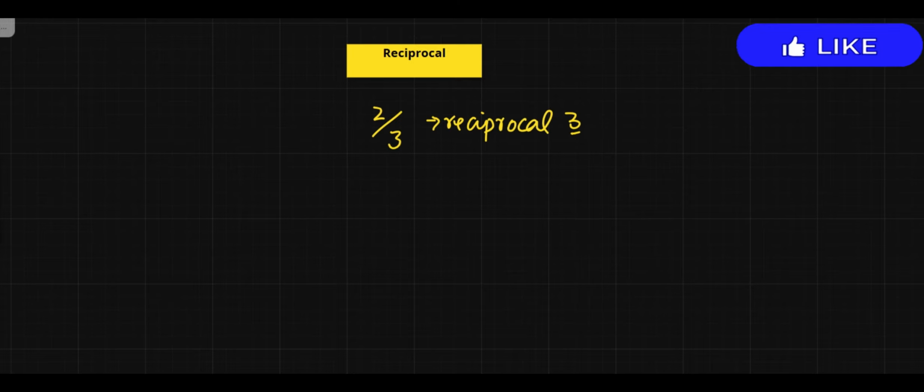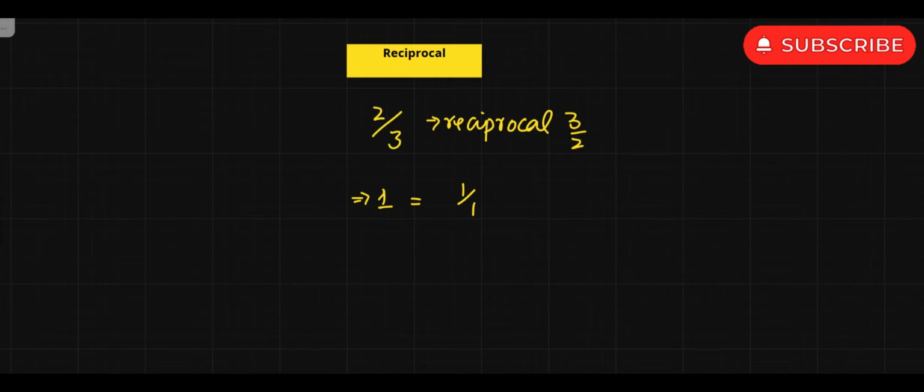The next is reciprocal. Suppose we have a fraction, that is 2 by 3. So the reciprocal of this 2 by 3 is 3 by 2. So here we had 2 by 3 and we got it as 3 by 2. Similarly, the reciprocal of 1 is 1 by 1.